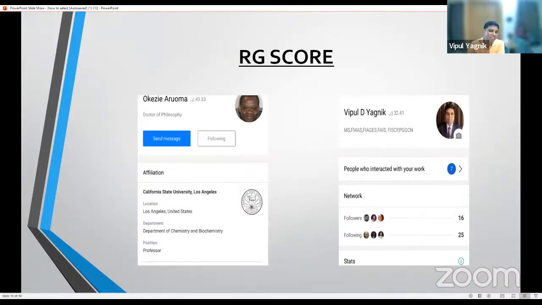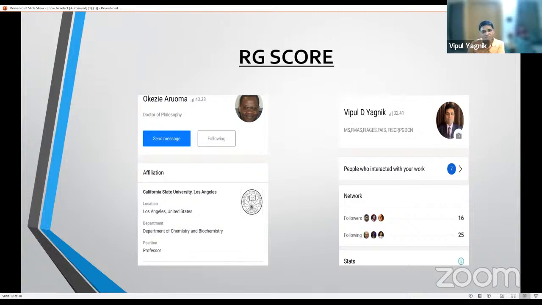Second thing you can see is the RG score. RG score is basically the ResearchGate score. ResearchGate is basically a database run by a company. You download the app or log in from the website and submit your articles there, and they manage that database.